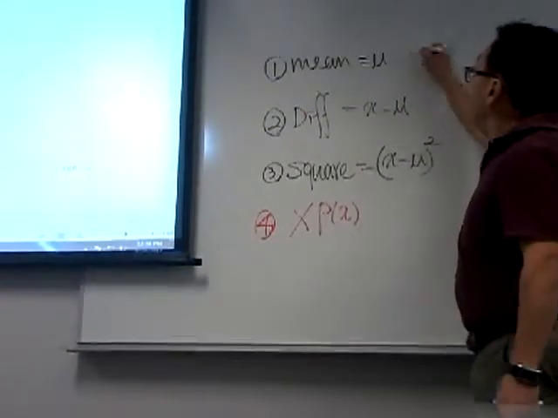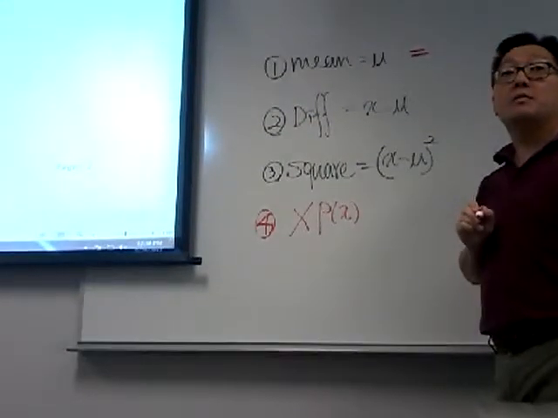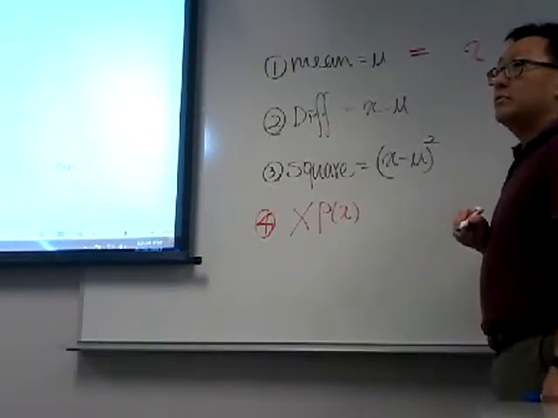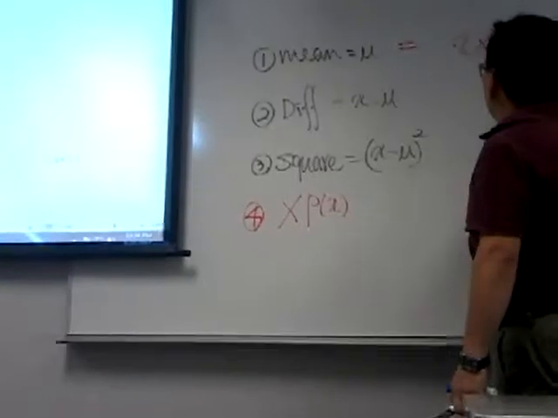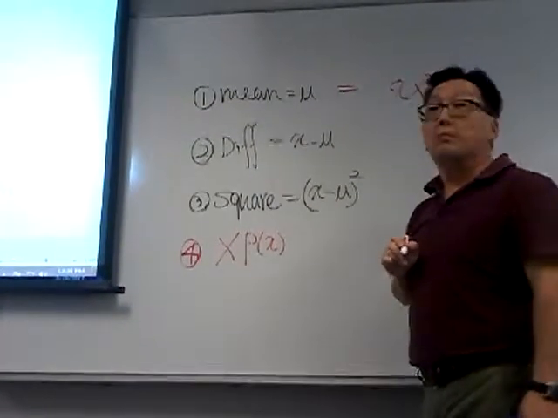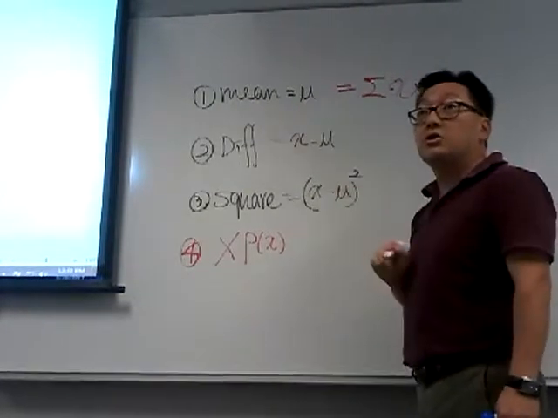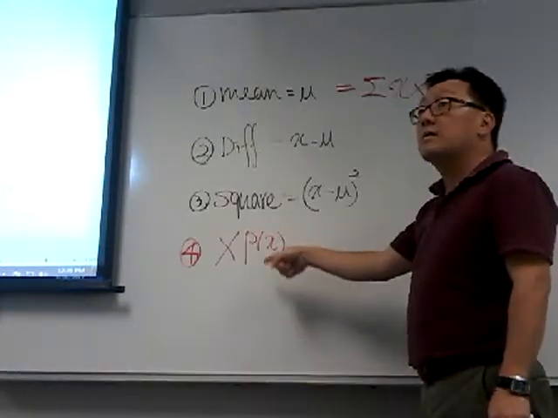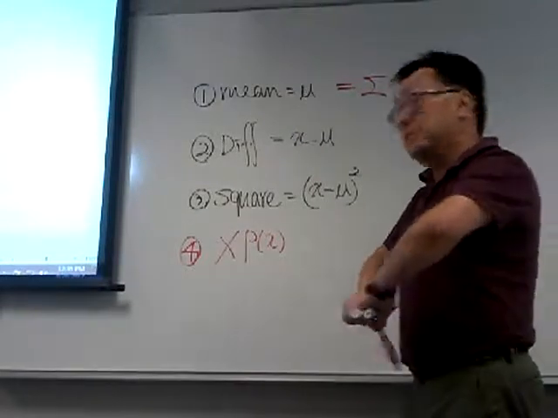Can you remember how we got the expectation, the mean? We take a value times the probability, and then we took sum. It was the expectation, it was the mean. So now we take the multiplication and then take the sum.